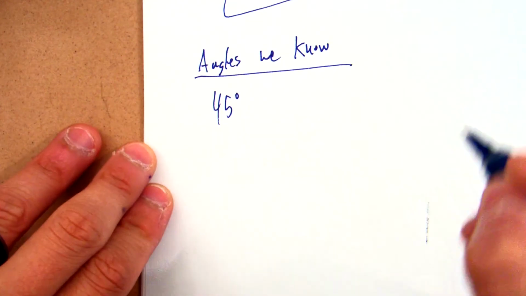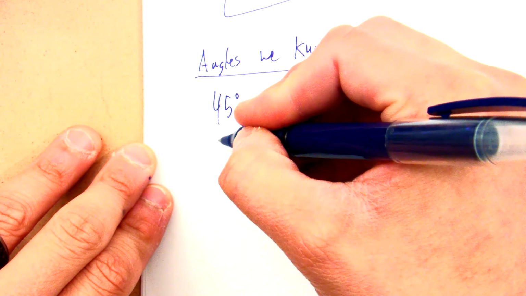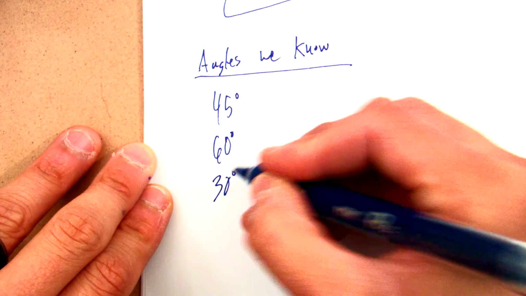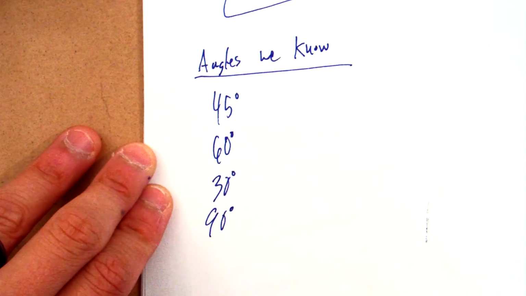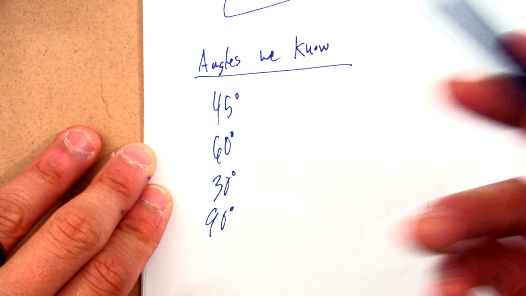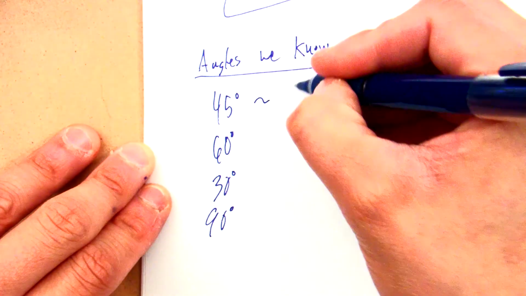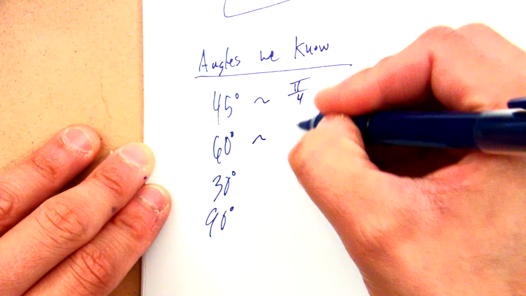What are the angles that we're familiar with? We've got 45 degrees. What else? 60 degrees. What else? 30. 90. And all the rest of them are pretty much just multiples of those, right? If you know this is pi over 4, this is pi over what?